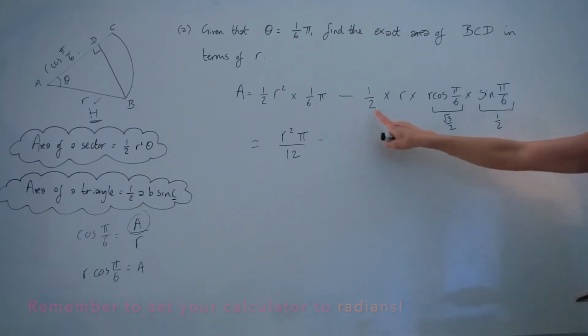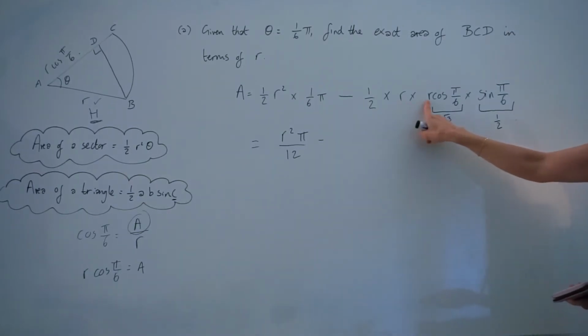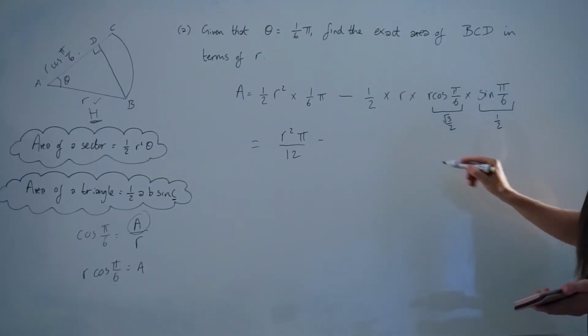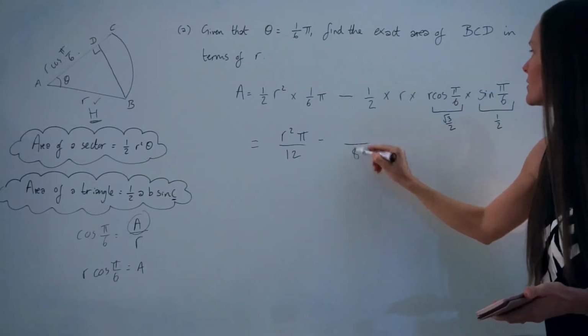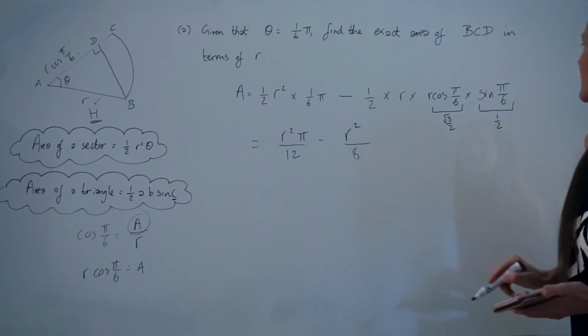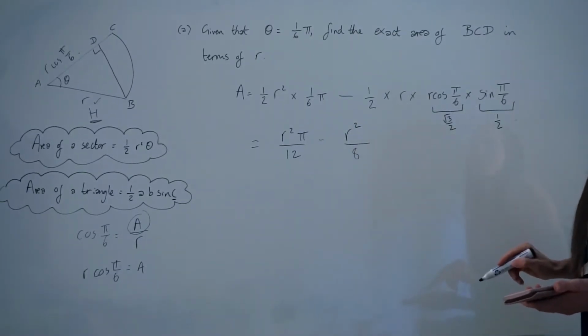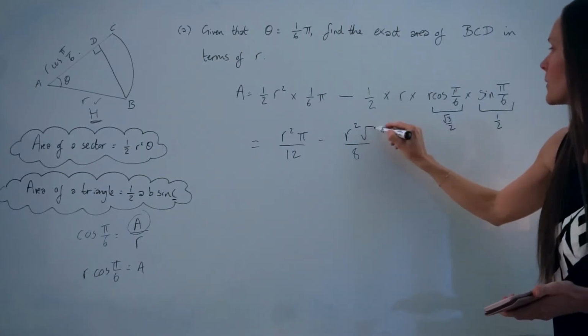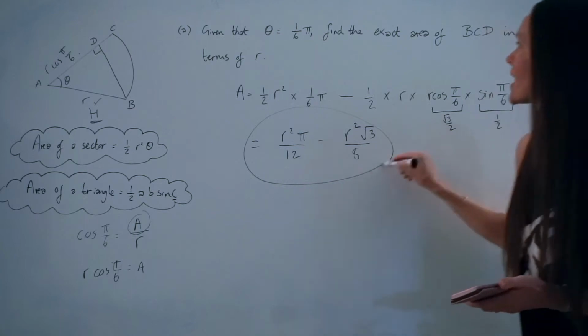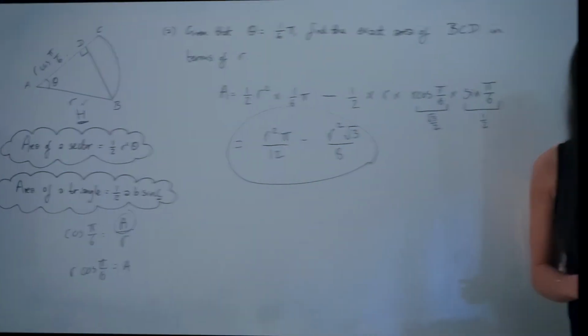So if we times a half by r, then by root 3 over 2 by a half, we should get, the denominator is 8, r times r is r squared, and have I missed anything out? No? Oh, root 3. Okay, there we go. And that's it. So that is the exact area of BCD.